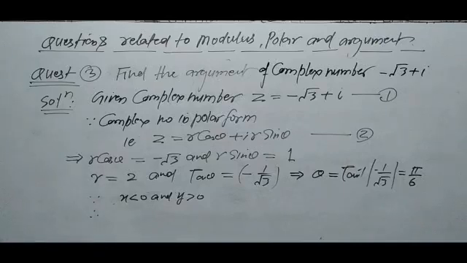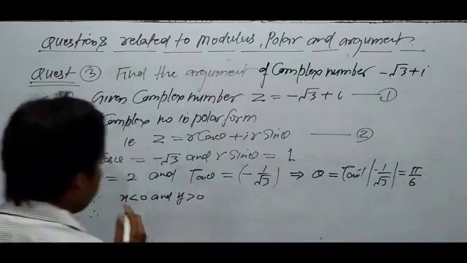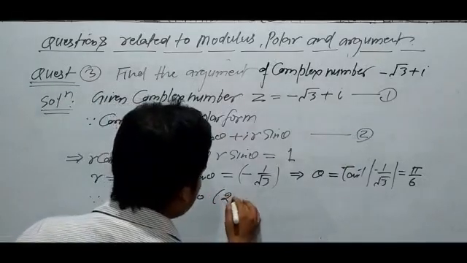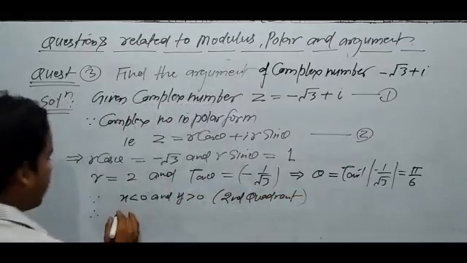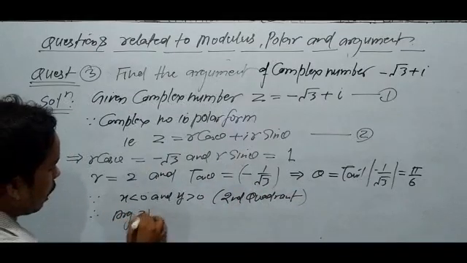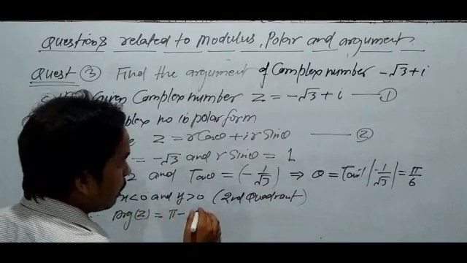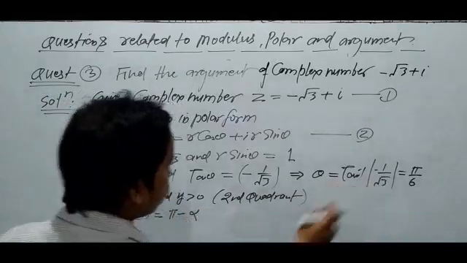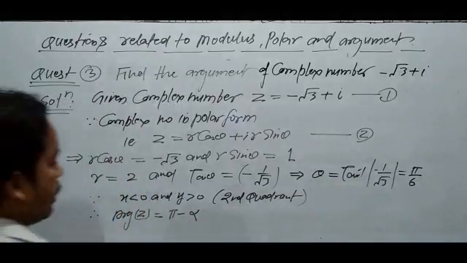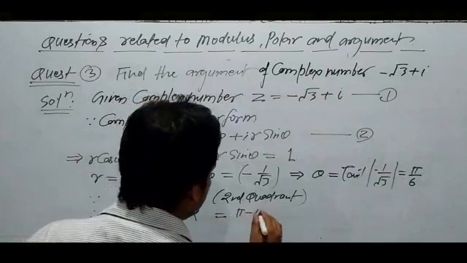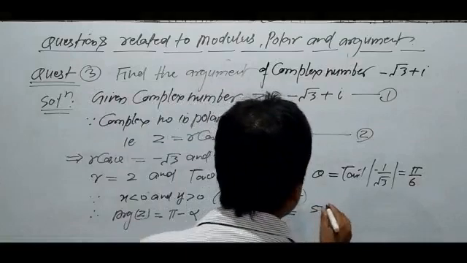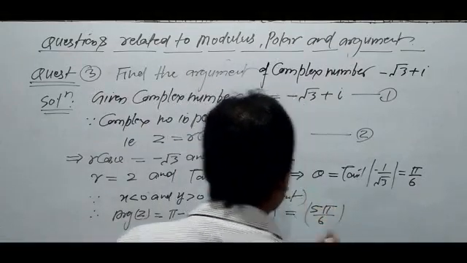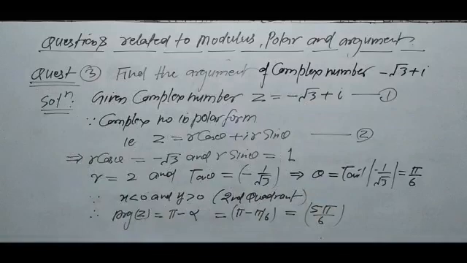In the second quadrant, the argument of z is equal to pi minus alpha, and alpha is equal to theta. So you can write here pi minus pi by 6, and the result you will get is 5 pi by 6. 5 pi by 6 is the argument of z.